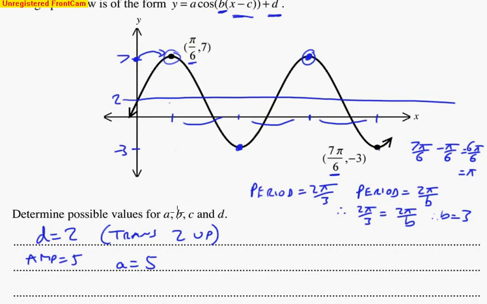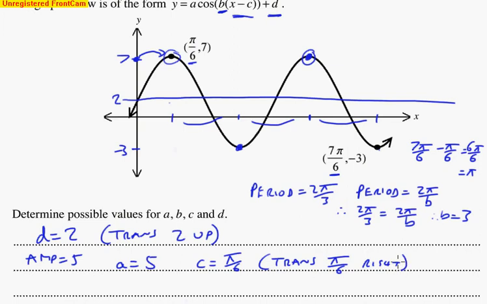So there's no reflection. A does equal 5. I've got C equal to pi on 6 because I've got a translation pi on 6 to the right.